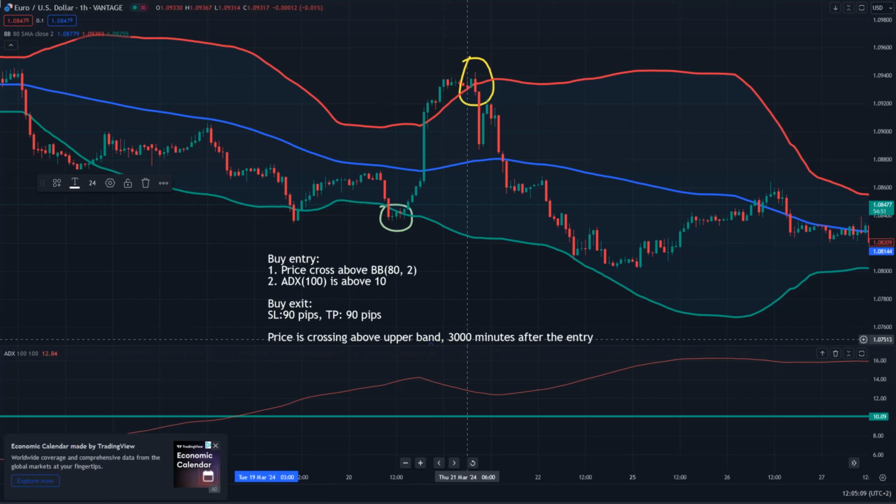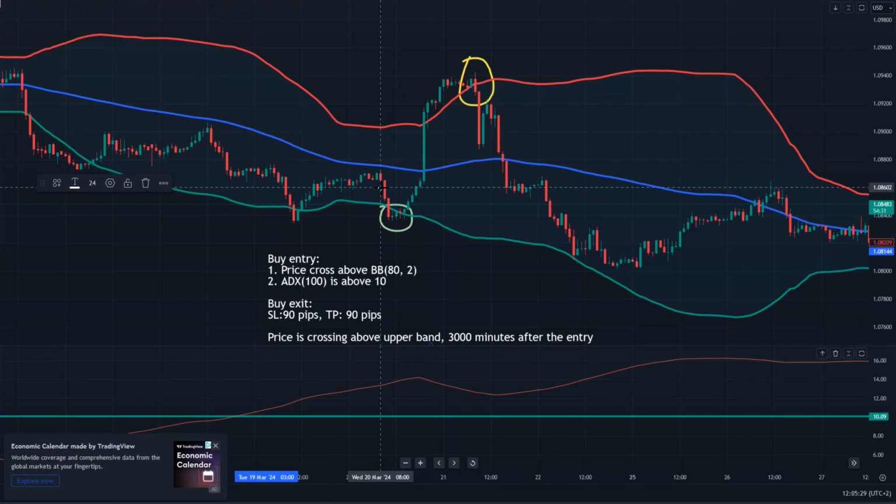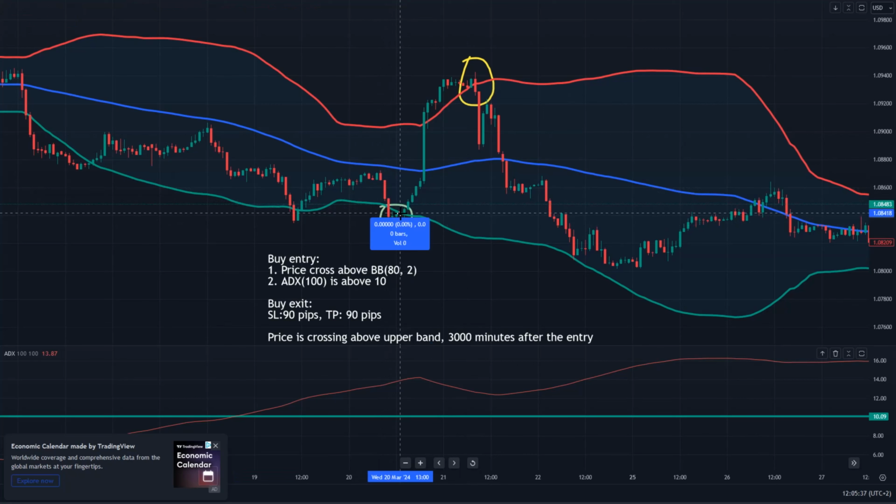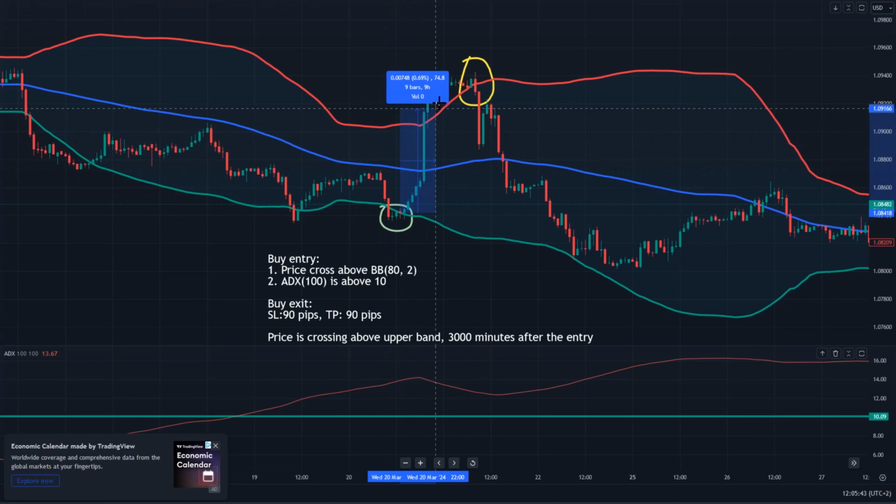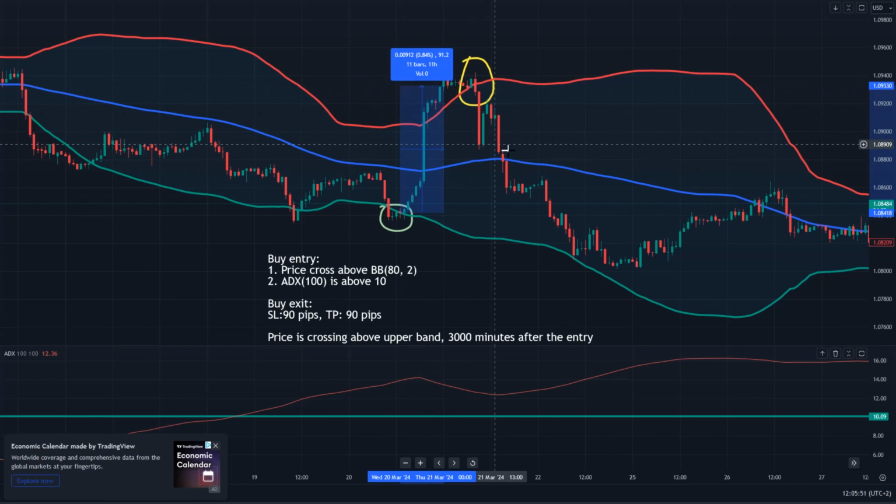So I am showing you this. Now let's see where we exited the trade. As I said, our exit was at 90 pips. So somewhere here we entered the market, and let's see, we exited the market around here.